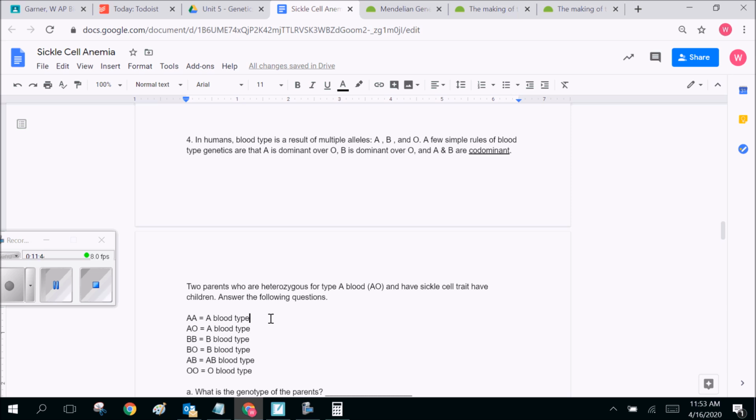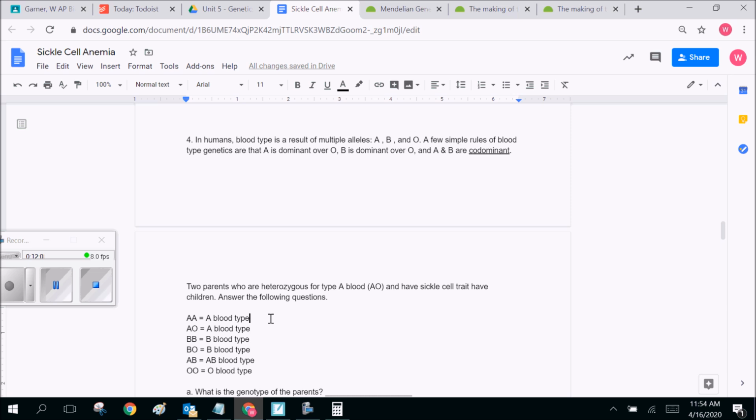Well, if it sees any blood cells that don't have the A security card on their surface, like if they saw a B, they would destroy it. Or if they saw an A and a B, they would destroy it. So it's basically a way of making sure that only your blood is in you and it's the right blood that's supposed to be in your body.